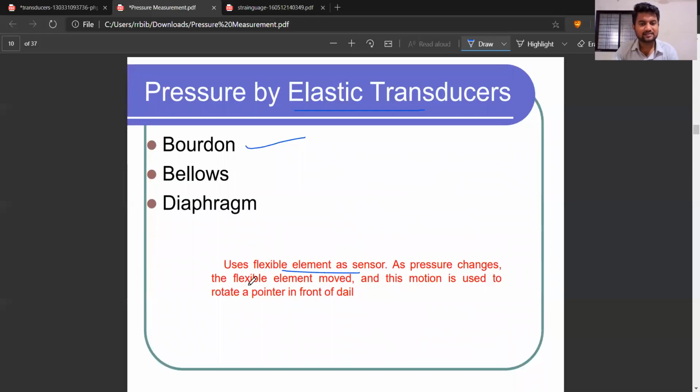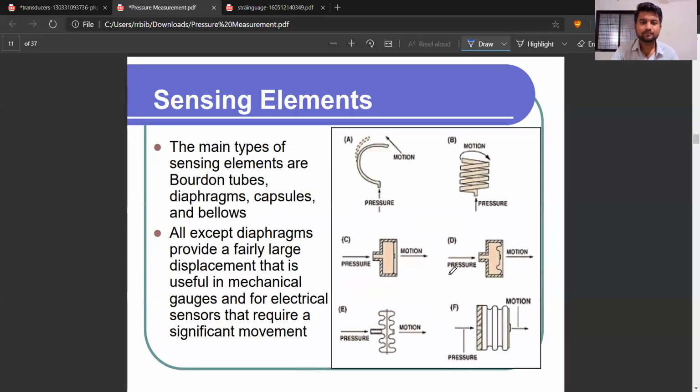As pressure changes, the flexible element moves, and the motion is used to rotate the pointer in front of the disk. So as the pressure changes, the flexible element changes its position, and this motion rotates the pointer. You are converting the pressure quantity into a mechanical quantity here.